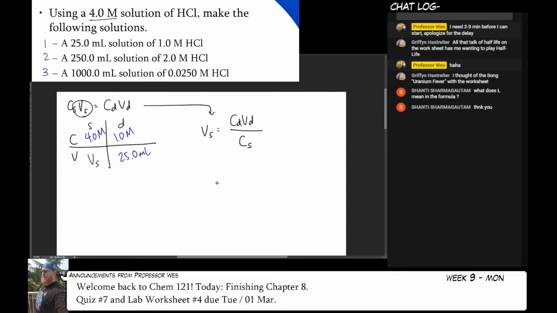So when I go and enter those numbers in, the concentration of dilute is 1 molar, the volume of dilute is 25 milliliters, and then the concentration of stock is 4 molar. And the molarities cancel out. And I believe you should get this when you are finished with the calculation, but I'm doing that in my head, so let's just do this. Yeah, that's what you get.